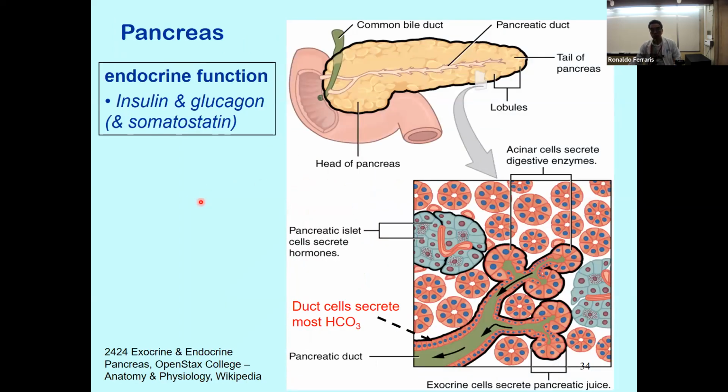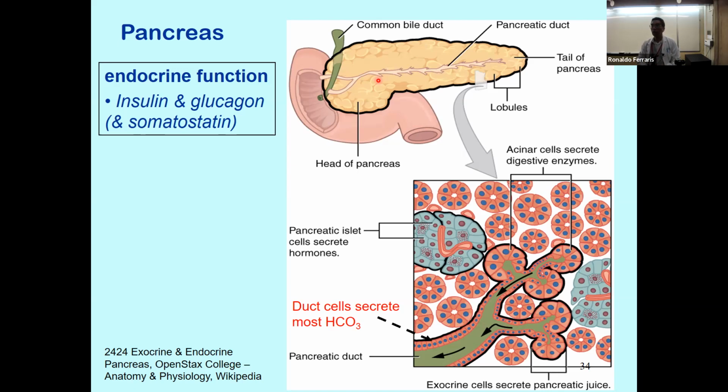Okay, so let me introduce to you the pancreas before we take a break. This is your pancreas. You know your pancreas from all the famous people who have had pancreatic cancers. Unfortunately, it's incurable, and it's very important for endocrine function.